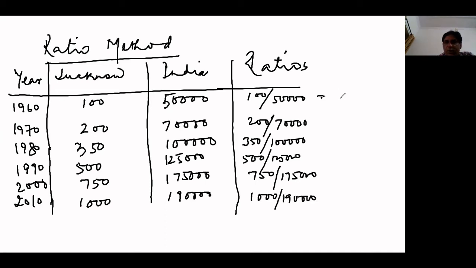Say this value is A, this is B, this is C, this is D, this is E, and this is F. Right? A graph is plotted between these ratios and time.